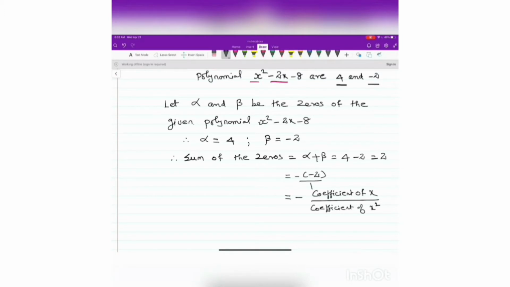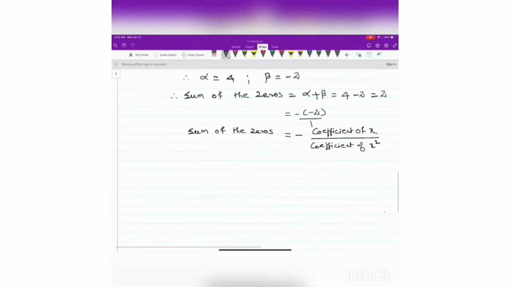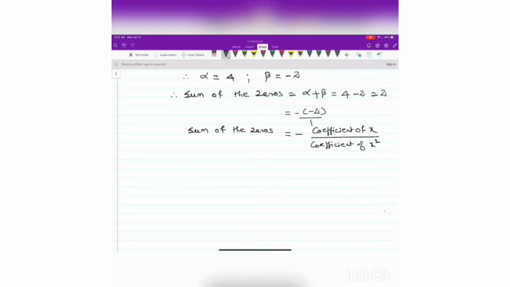Sum of the zeros is equal to alpha plus beta is equal to minus b by a, which is minus coefficient of x by coefficient of x square. Okay, so this is what we are getting for sum of the zeros. Now, what will happen to the product of the zeros?